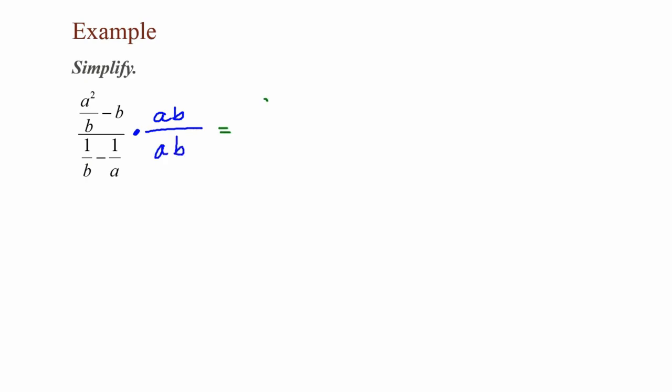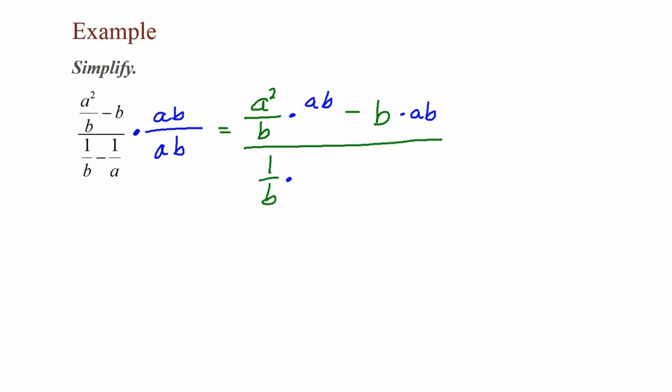So that equals a squared divided by b times ab minus b times ab all over 1 over b times ab minus 1 over a times ab. And remember, if it's helpful, we can always put the ab over 1. So I have a squared over b times ab.